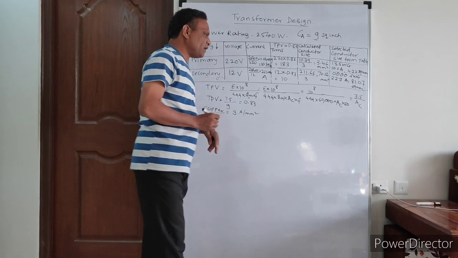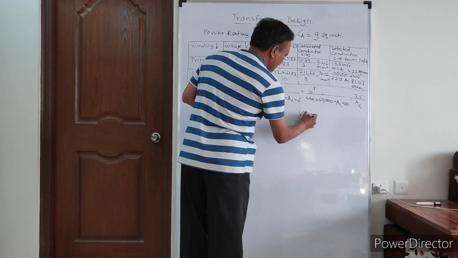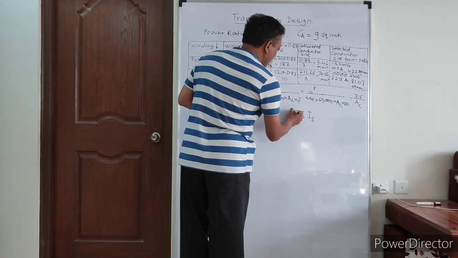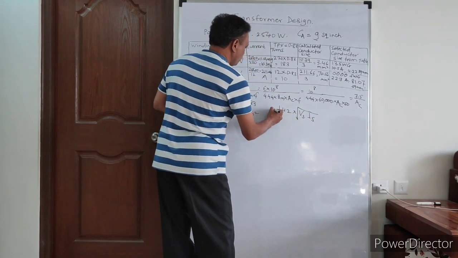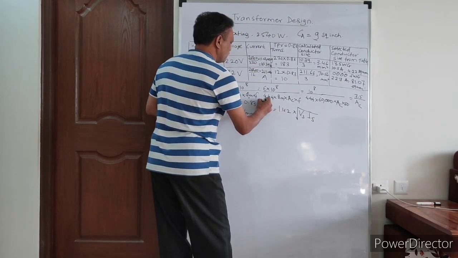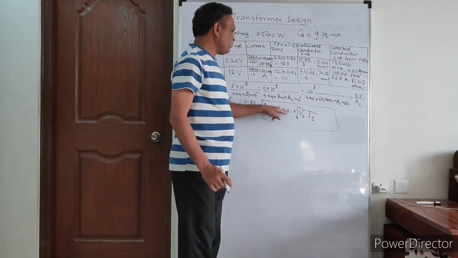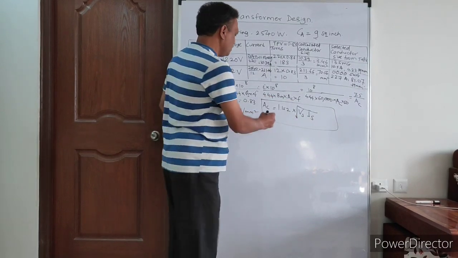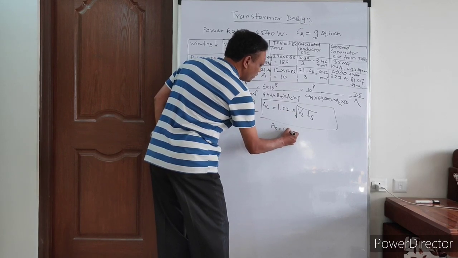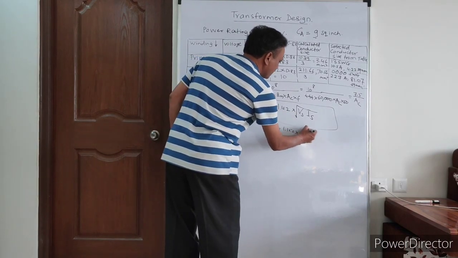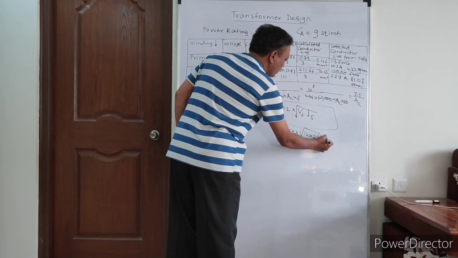One another thing I would like to tell you, that if you know the secondary voltage and the secondary current, you can calculate the area of the core of a transformer. So this is one formula for calculating the area of the core: 1.152 into root of VS into IS. To back-check, we can find the area of core in our case. So 1.152 into root of secondary voltage, our secondary voltage was 12 volt, and our secondary current was 211.66.